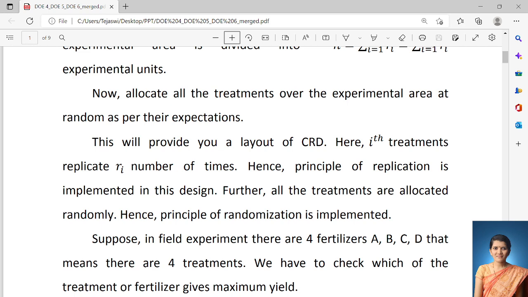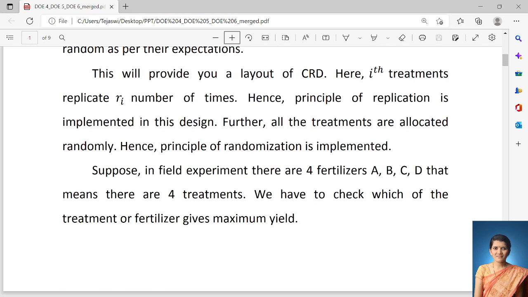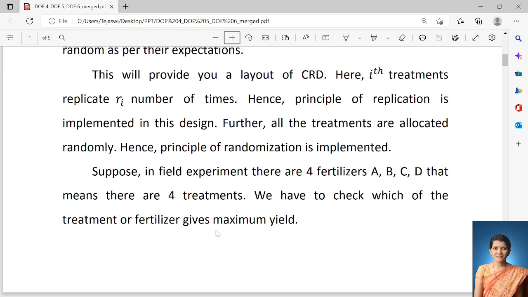Suppose in a field experiment there are 4 fertilizers A, B, C, D. That means there are 4 treatments A, B, C, D, and we have to check which treatment or fertilizer gives the maximum yield.